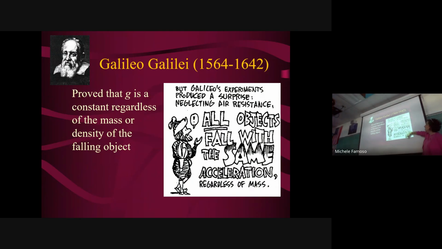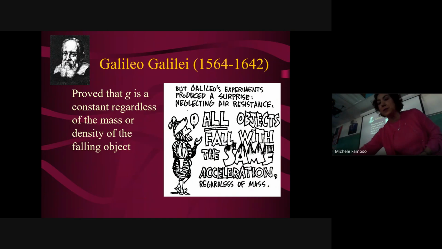That's the key right here. All objects fall with the same acceleration regardless of their mass. And that acceleration is a value that we give a constant letter, lowercase g. We'll be looking at that on our reference table in just a minute.